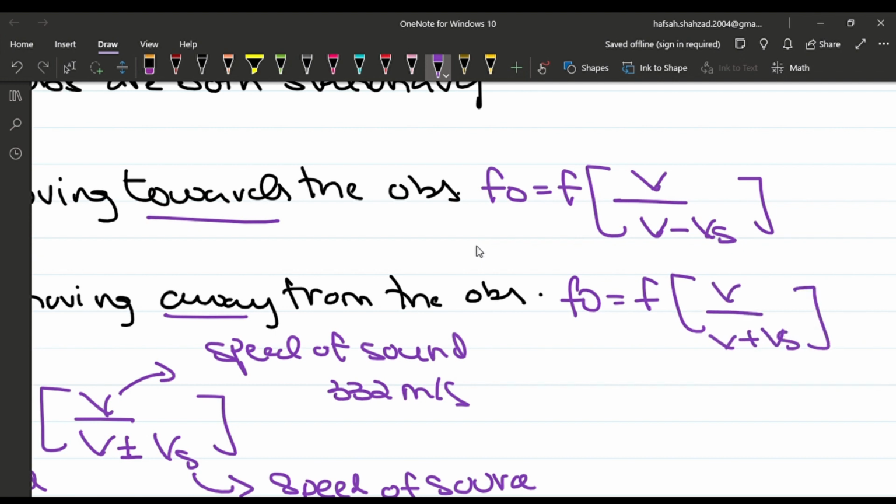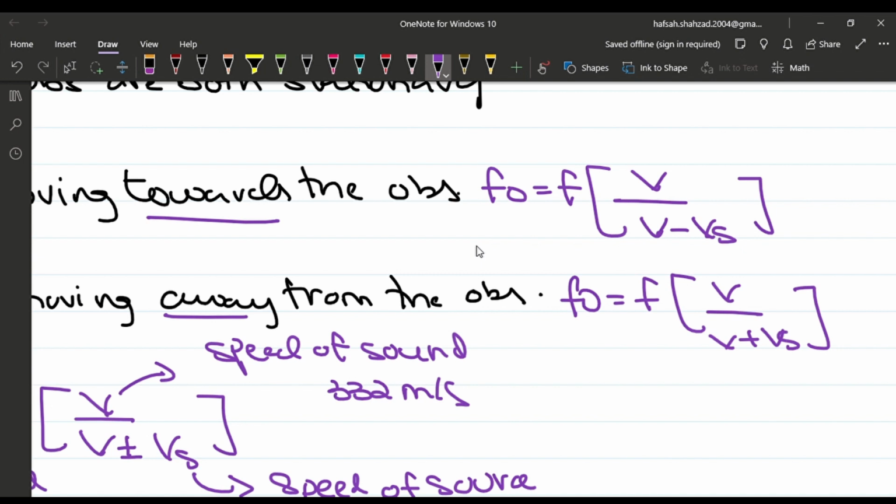One way to remember it is that when we decrease the value of the denominator, the fraction's value increases, and we know that when the source is moving towards the observer, the frequency must be greater than the actual frequency, right? So we need to increase the value of the fraction.